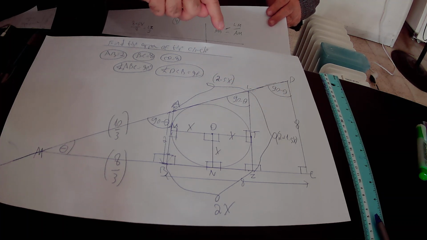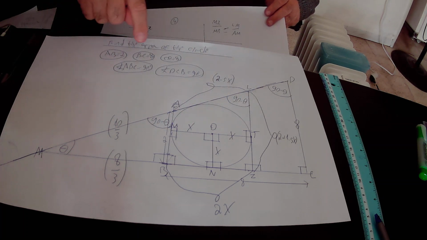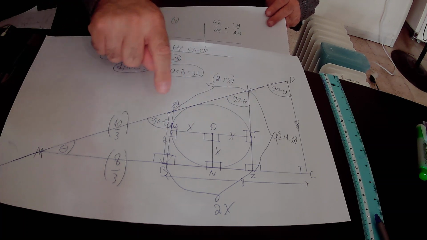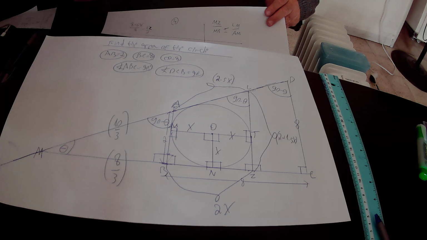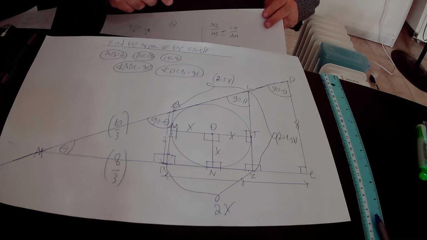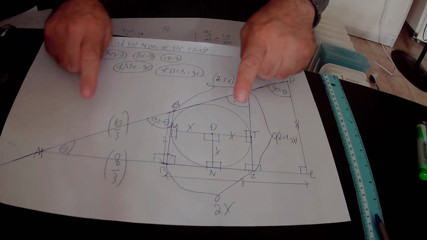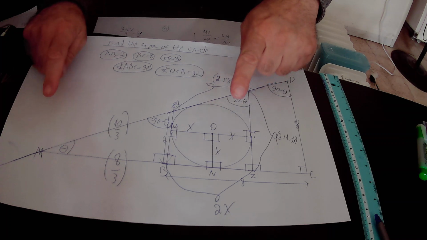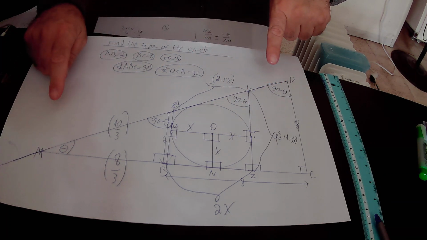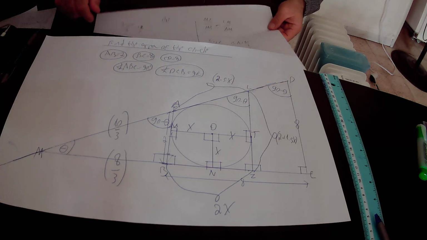Because the big triangle LZM is similar to the small triangle ABM, we derive that the following additional relationship exists between their sides. ZM in the big triangle over BM in the small triangle equals LM in the big triangle over AM in the small triangle.